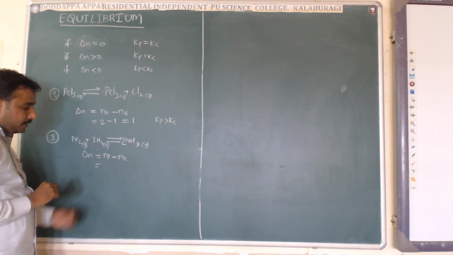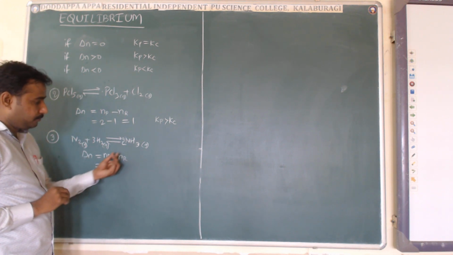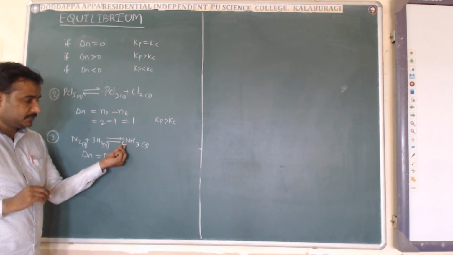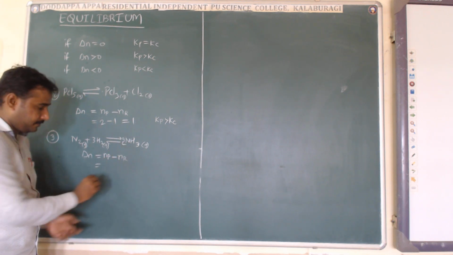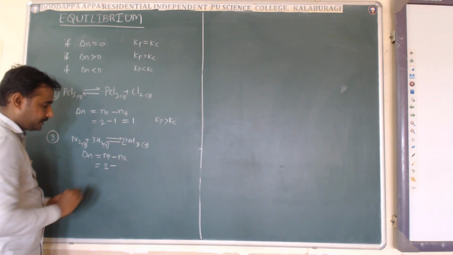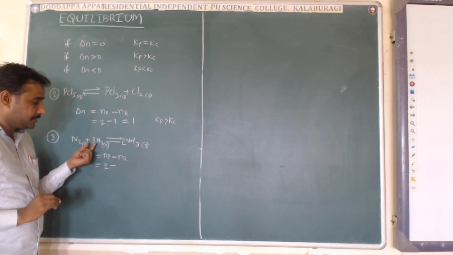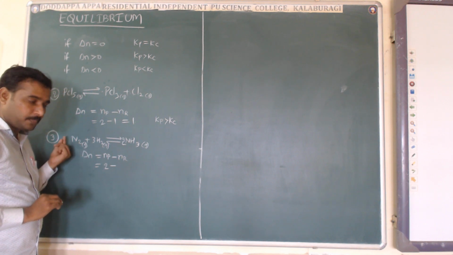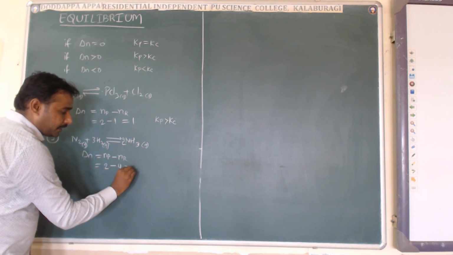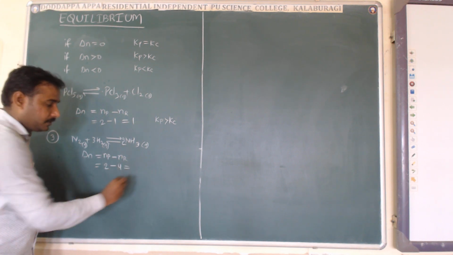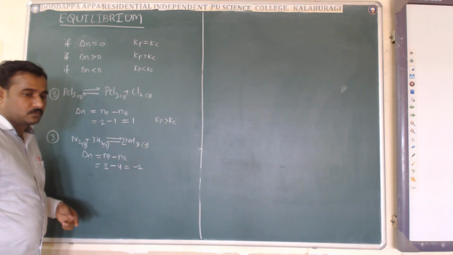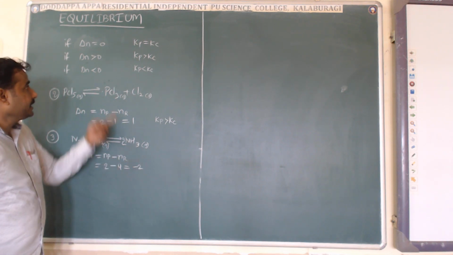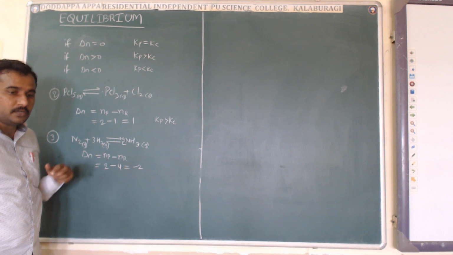The product is NH3, and there are 2 moles. So write 2 minus Nr, the number of moles of gaseous reactant: 3 plus 1, which is 4. 2 minus 4, we are getting minus 2. Is minus 2 less than 0 or greater than 0?